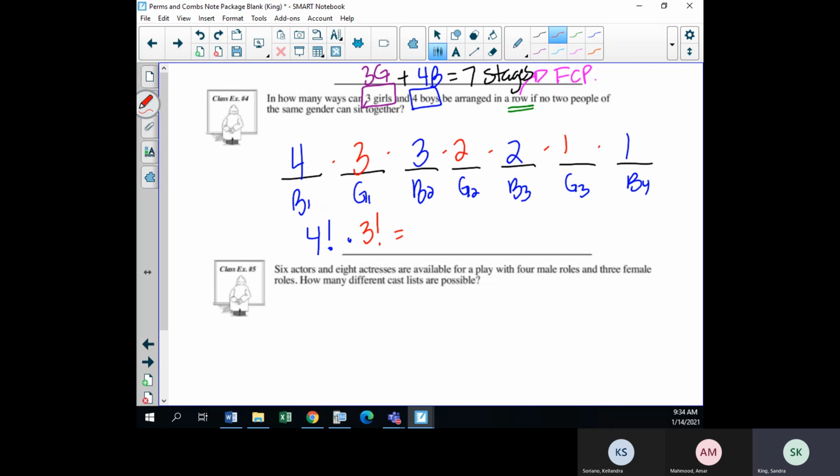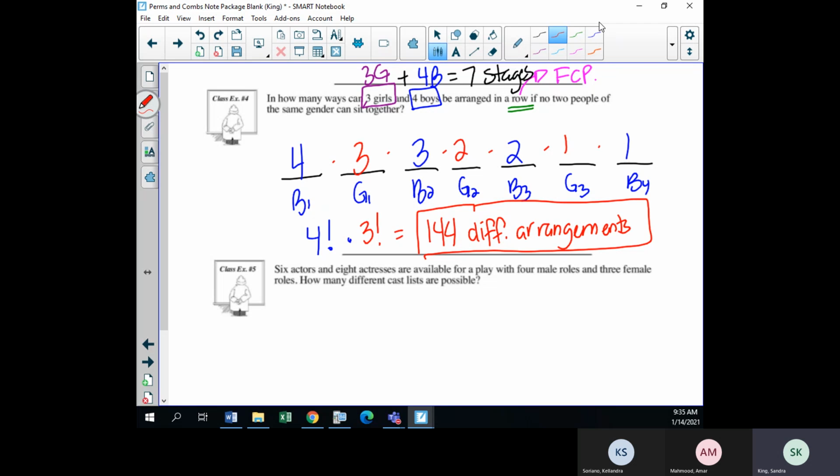And either way, you would get the answer of 144. Now, 144 different arrangements. So different arrangements or permutations if boys and girls are not sitting together.